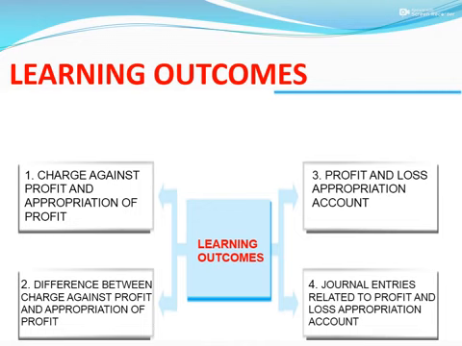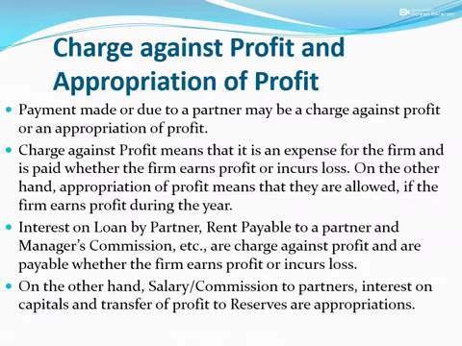Next is the profit and loss appropriation account, in which we will discuss the method and the format to prepare it. And fourth is journal entries regarding the profit and loss appropriation account. Now we come to our first topic, charge against profit and appropriation of profit.